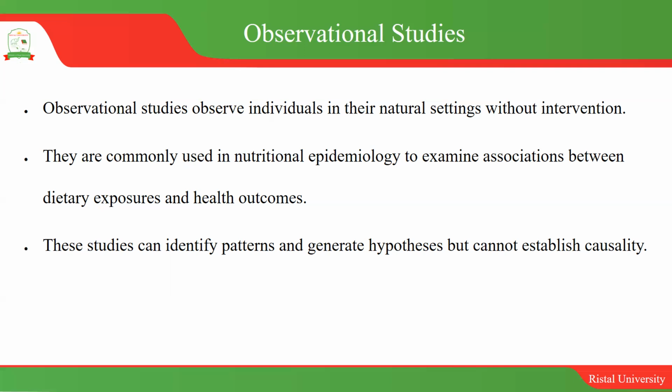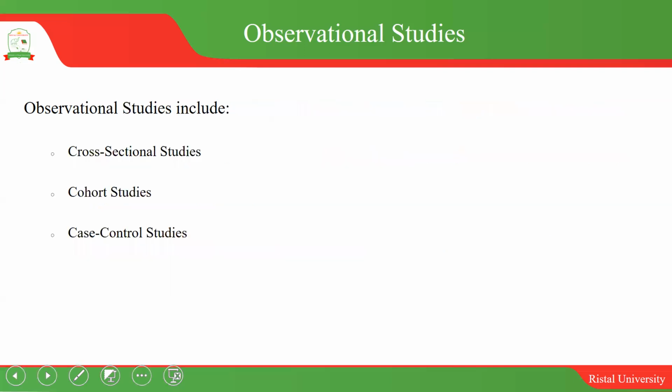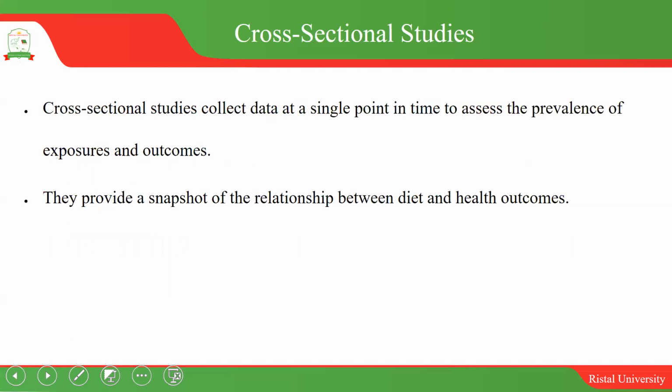They just tell us the association. So observational studies can be cross-sectional studies, cohort studies, or case control studies, and we are going to look at each of these.